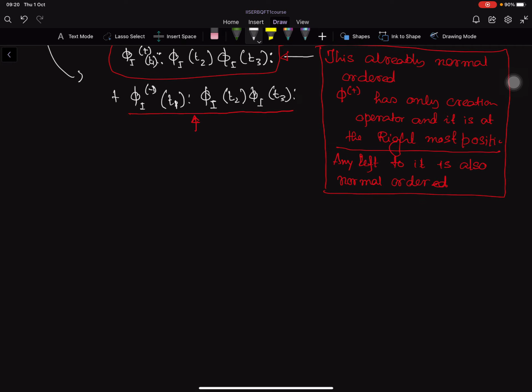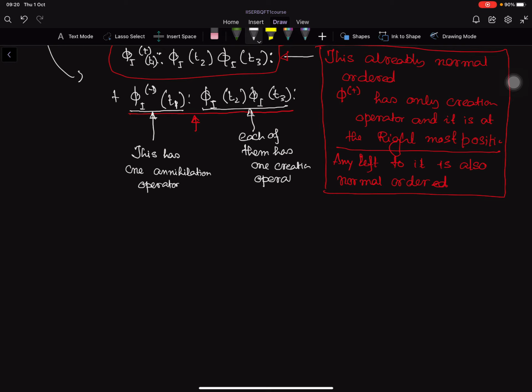Okay. Since this has one annihilation operator, and each of them has one creation operator, we have to convert it to something like this.